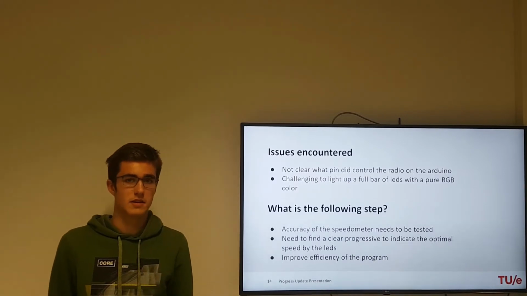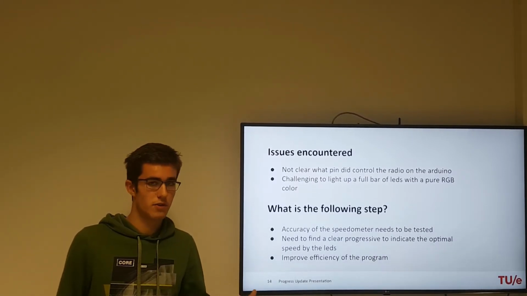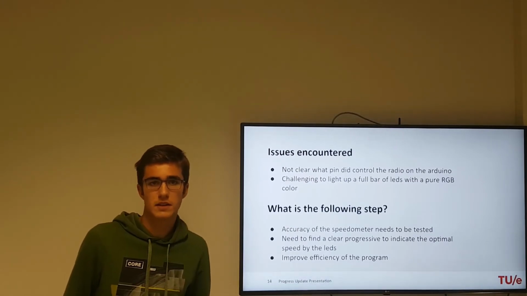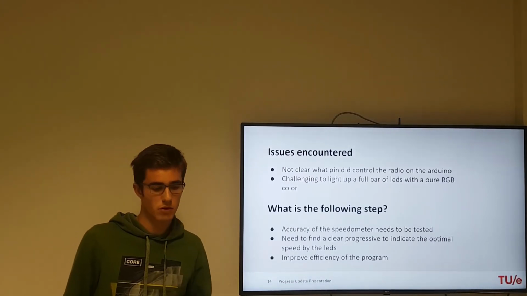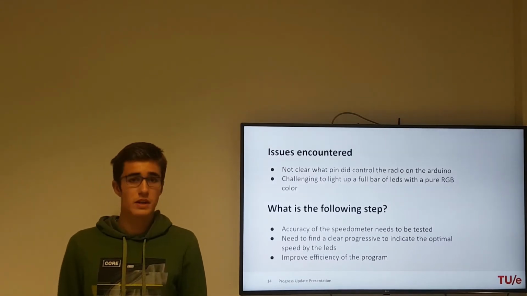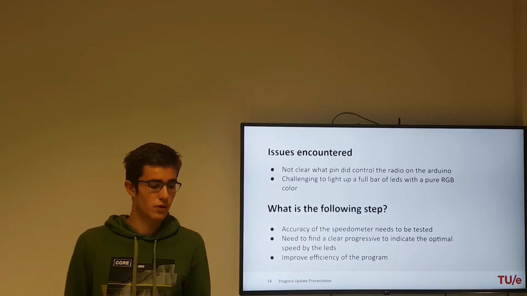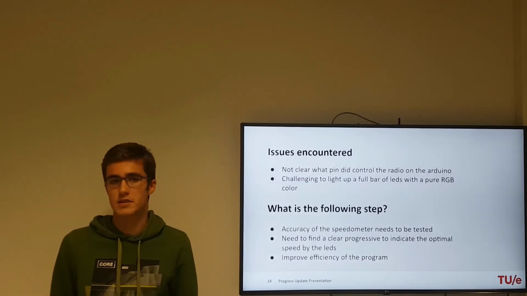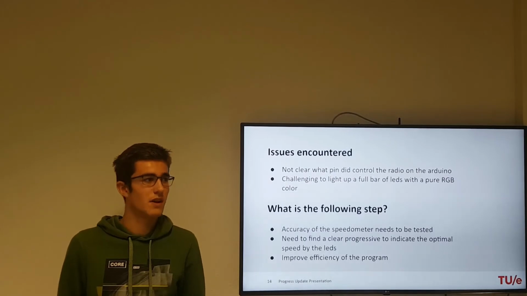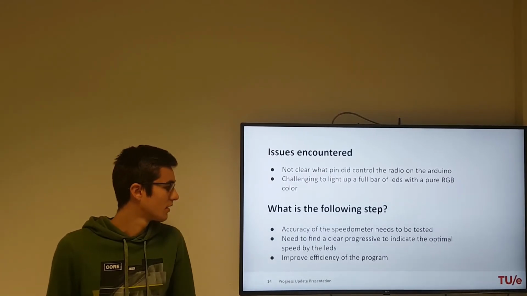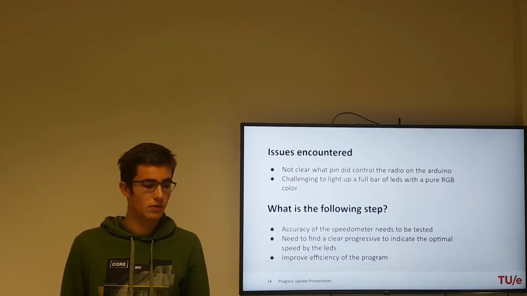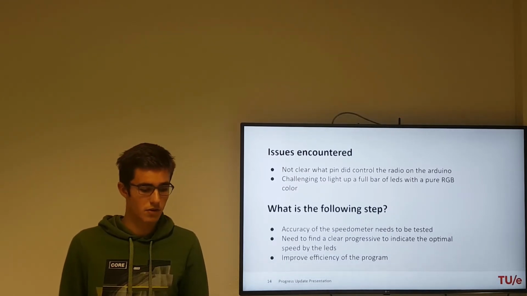Now it's simply that the full bar is in a color if we are going at a certain speed, and we would like to do it more progressively. We would also like to improve the efficiency of the program, because we think that the accuracy of the speedometer is not perfect due to the length of our program. So we need to work on the efficiency of the program.